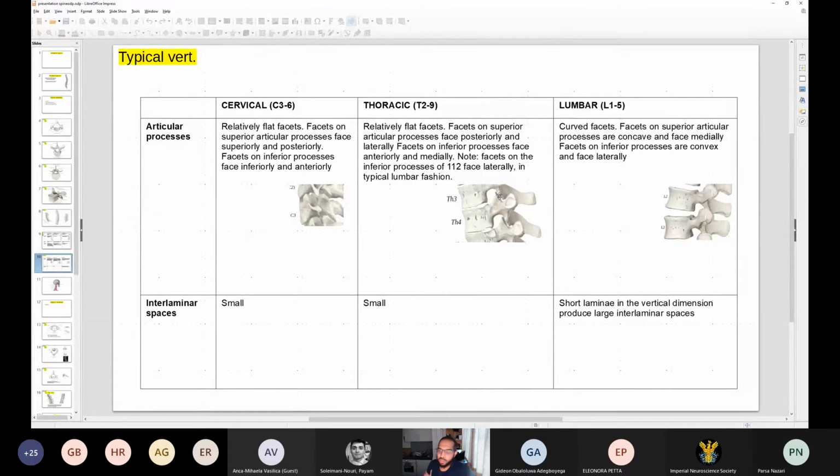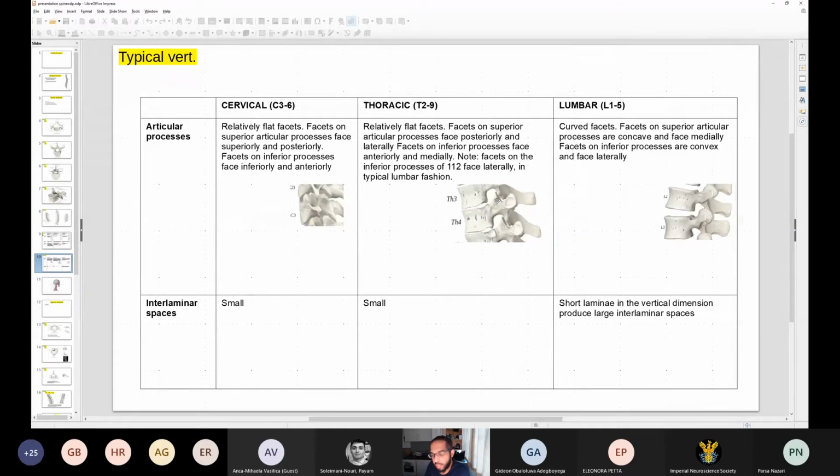Now, how can you visualize this as something that's looking or facing laterally? It's because here you can't actually see the inside of the joint, right? So this gray area in the middle is the surface for the superior articular process. You wouldn't be able to see that if it wasn't directed a little bit laterally.